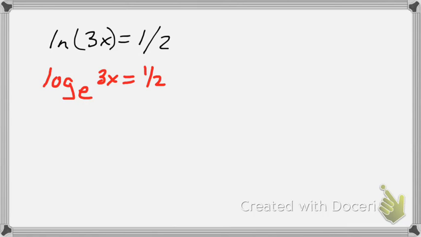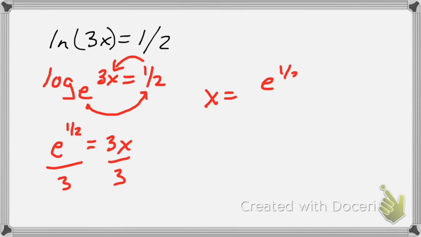By rewriting it as an exponential equation, we get e to the 1/2 equals 3x. Divide by 3. And then you can do that on your calculator to solve. The answer here should be approximately 0.55.